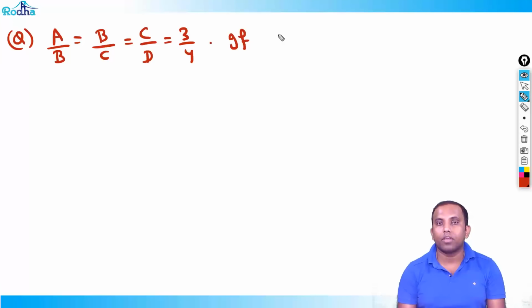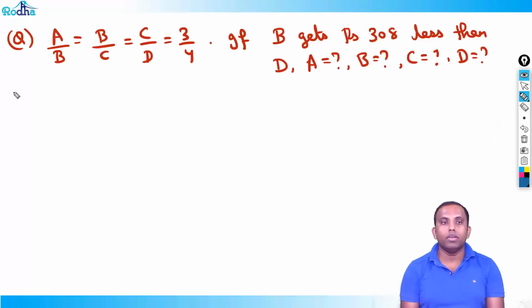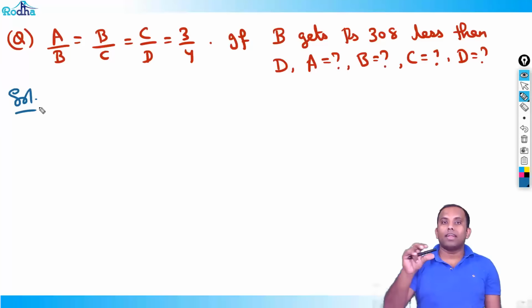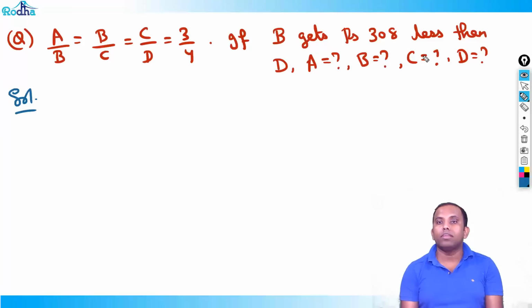Now, if B gets rupees 308 less than D, find the amounts with A, B, C and D. So the question is, some amount is distributed among A, B, C and D such that A by B equal to B by C equal to C by D equal to 3 by 4. So if B gets rupees 308 less than D, what is the value of A, B, C and D? That means how much amount is with A, B, C and D.